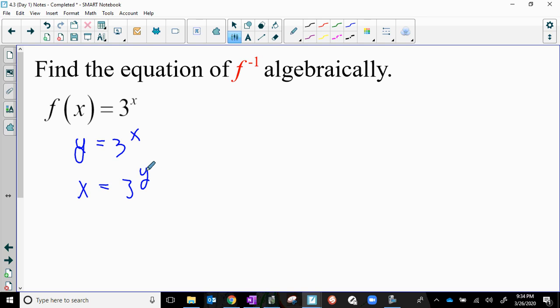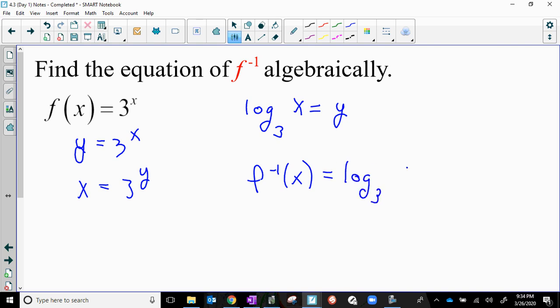I want the y by itself, I want the exponent by itself. And what finds exponents? Logarithms. So we have log base 3 of x equals our exponent y. So f inverse of x equals log base 3 of x.